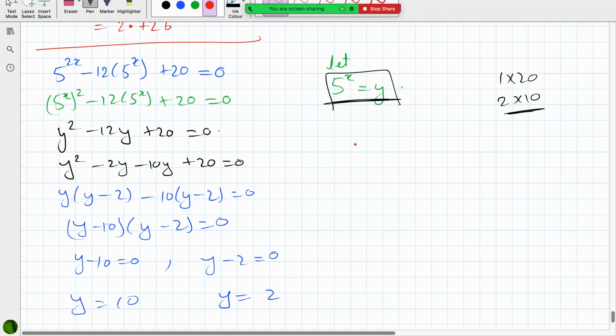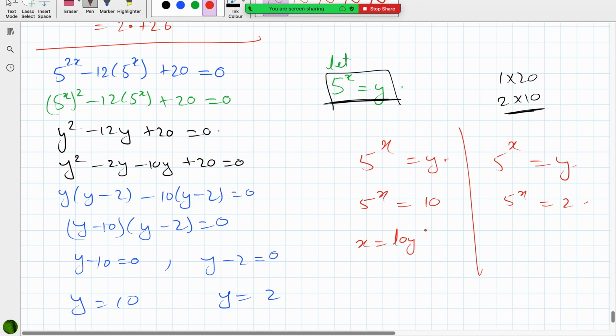Now we'll switch it back. 5 raised to power x is equal to y. So we'll use those two values. One is 10 and the other is 2. So x is equal to log of 10 to base 5 and x is equal to log of 2 to base 5. So these are two possible values.